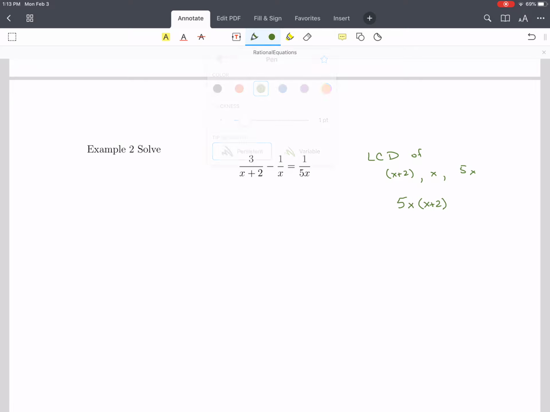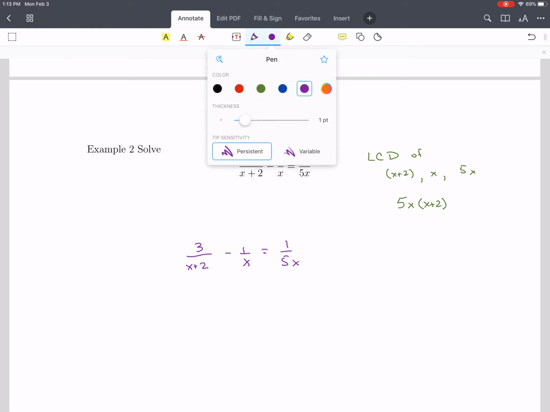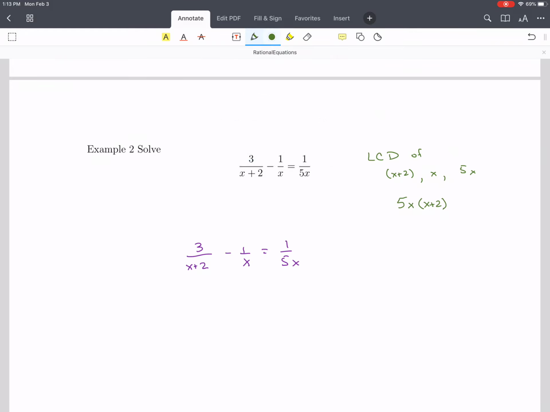And I can multiply both sides of this equation by that, and it will clear all of my fractions all at once, and I won't have to do any more to clear my fractions. So let's look at what that would look like if I multiply both sides of my equation by 5x times x plus 2.